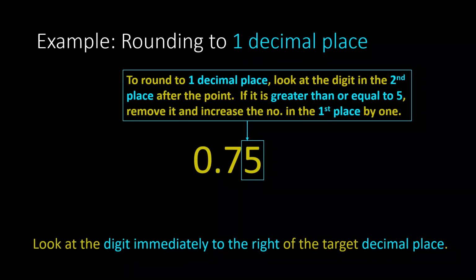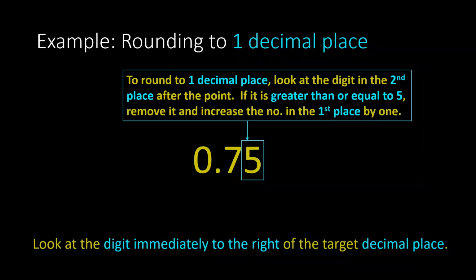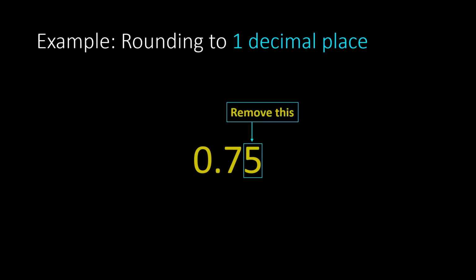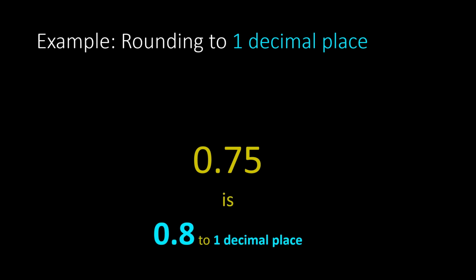As this is greater than or equal to 5, we now remove it and increase the number in the first place by 1. Therefore, we remove this and then add 1 to this. So we have that 0.75 is equal to 0.8 to 1 decimal place.